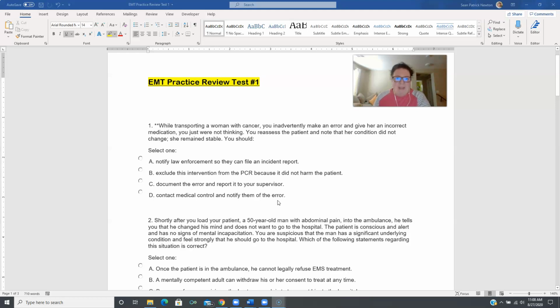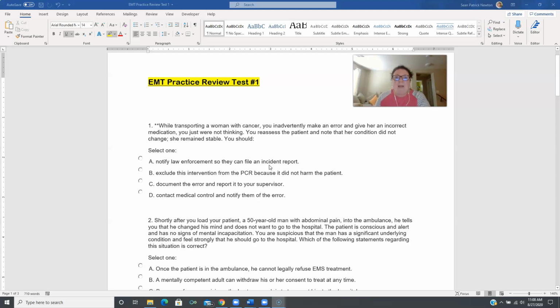Well, when you're looking at this one, you've got to pick the best right answer, maybe what you would do first, and what's the best thing for the patient or for patient care. Just because you assess the patient and note her condition didn't change doesn't mean the medication you gave couldn't have an interaction with her other medications that you don't really know much about, or that today or tomorrow or the next day there couldn't be an interaction or complication.